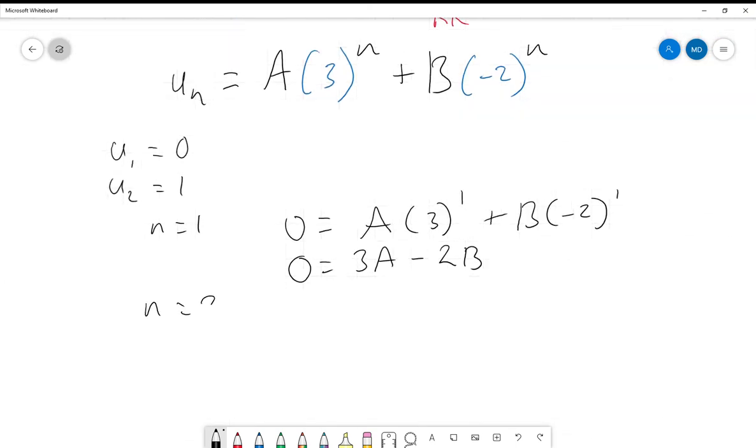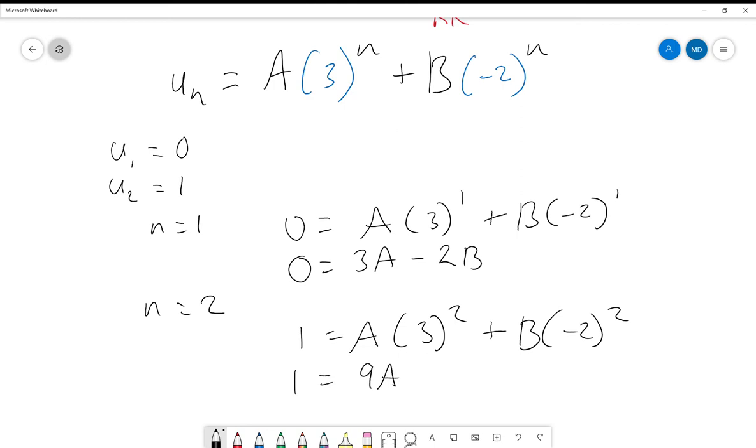For n equals 2, we're going to say 1, because u2 is 1, is equal to a times 3 squared plus b times negative 2 squared. Notice the brackets are very important here, which gives us 1 is equal to 9a plus 4b, because the negative squared is positive.